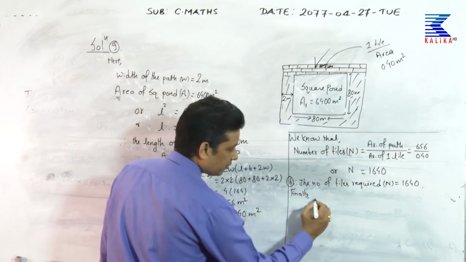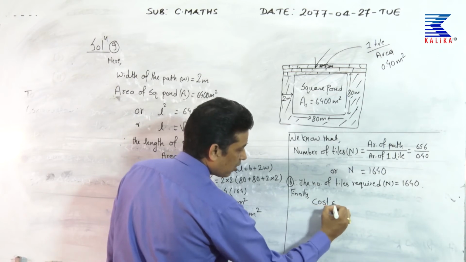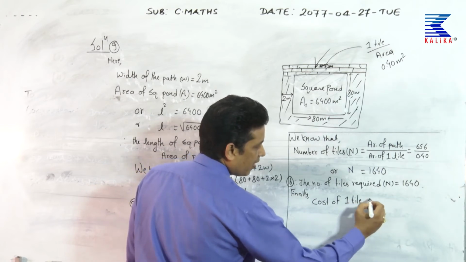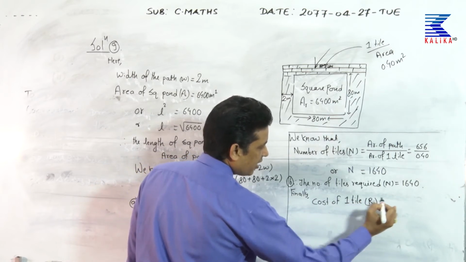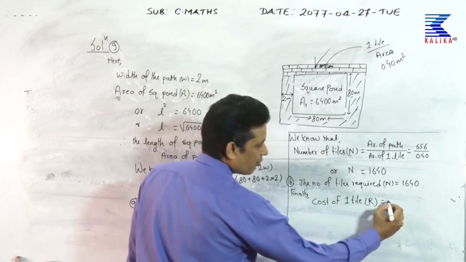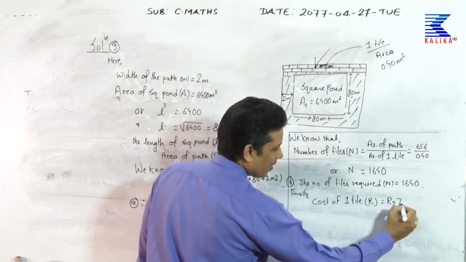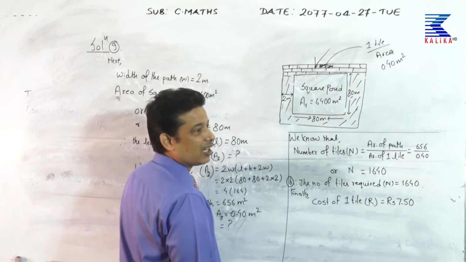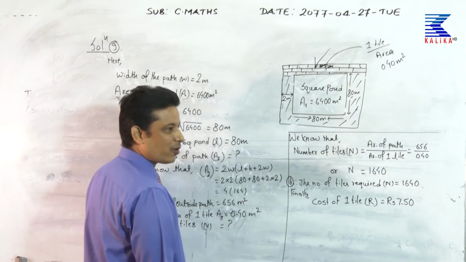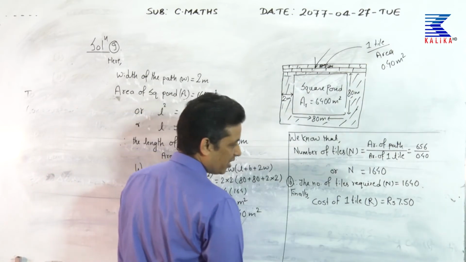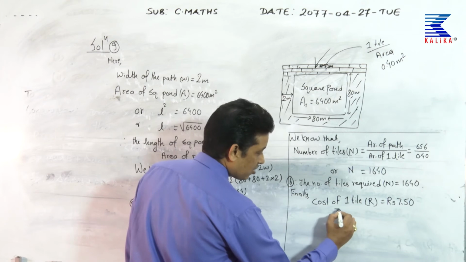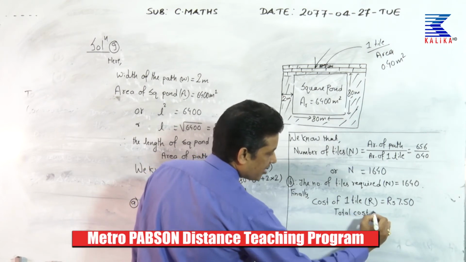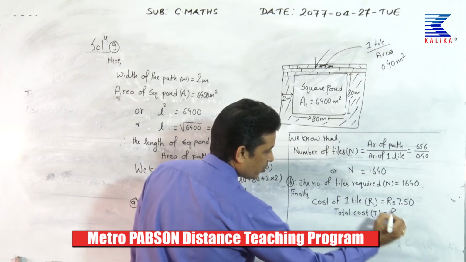Finally, the cost of one tile, let us write rate R is equal to what is given, you have already seen, Rs 7.50. And what do we need? How much total cost will be required to pave the tiles on the path? We need the total cost. So, total cost, let us say total cost T, is equal to what?